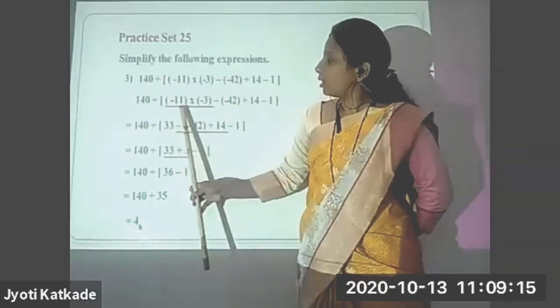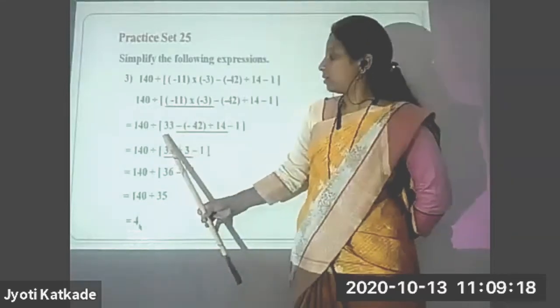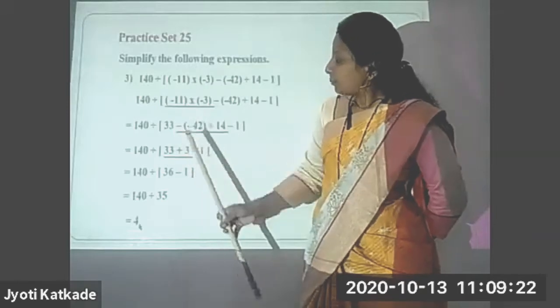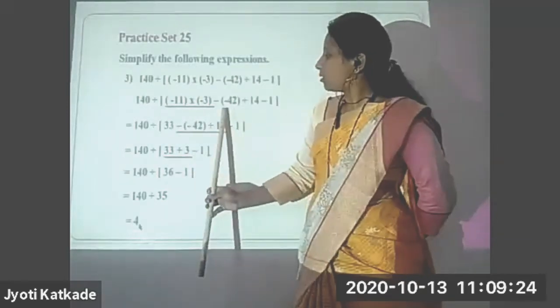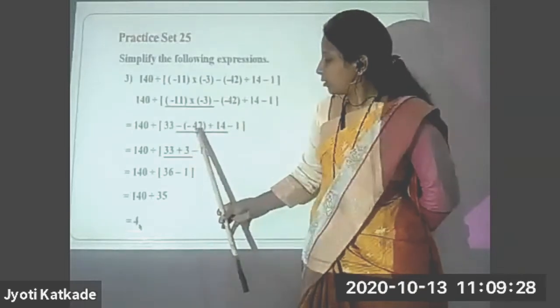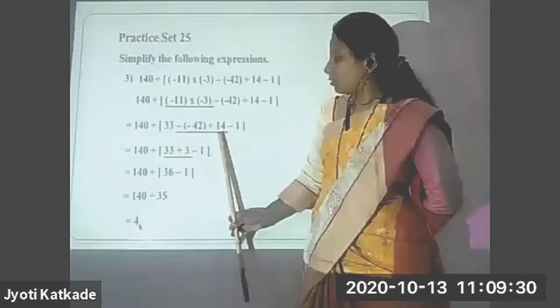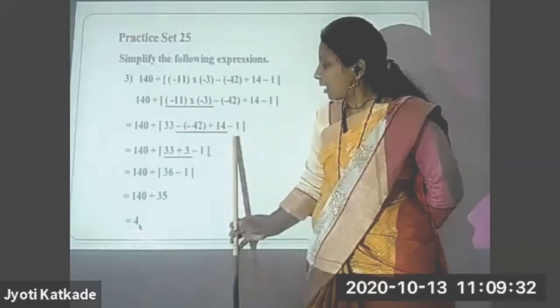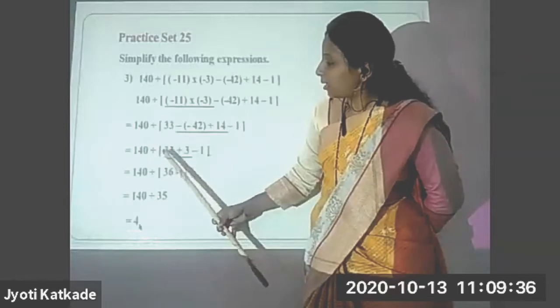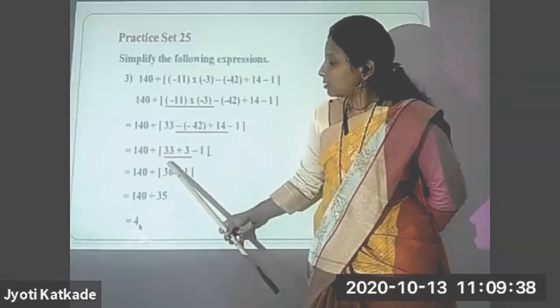And minus 11 into minus 3 is plus 33. Then this minus sign take as it is. After that, do this division first: 42 divided by 14 and put minus 1 as it is. 140 divided by 33 as it is.